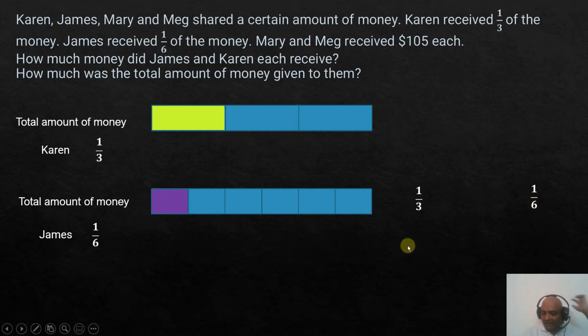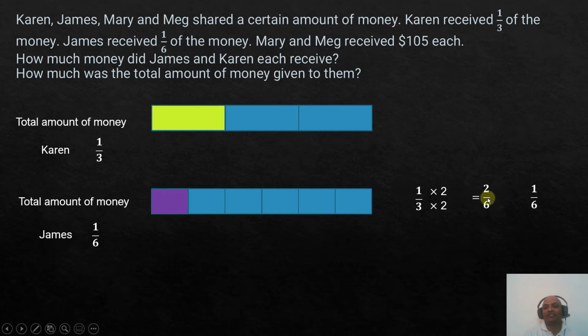If you're not sure how to find the LCM, there is one of my videos out there. You can check that. But in here, the LCM of 3 and 6 is 6, which means 3 times 2 will get you 6, which means any time we multiply the denominator, we also multiply the numerator with the same value, so that the fraction value does not change.